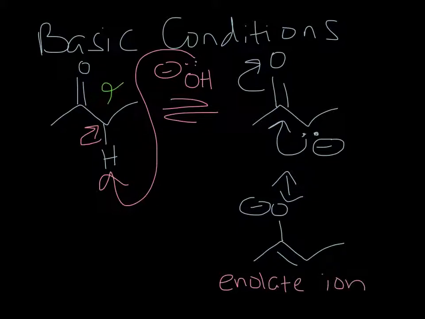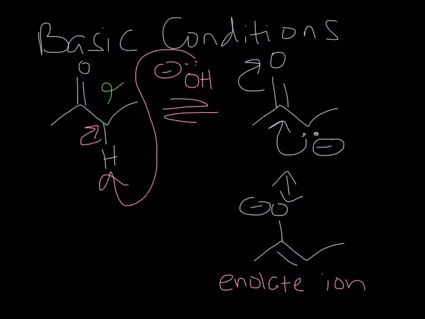Under basic conditions, the hydrogen won't protonate that O minus. It's just going to remain as a negatively charged oxygen. So this alpha hydrogen is deprotonated, and I get these two resonance forms. The bottom resonance form, that enolate ion, is going to be stable because the negative charge is more stable on the more electronegative oxygen than on the carbon atom.